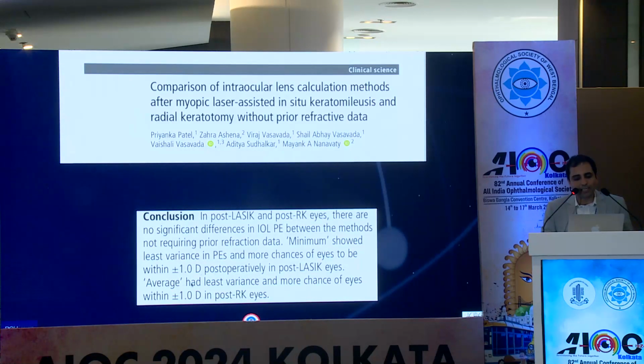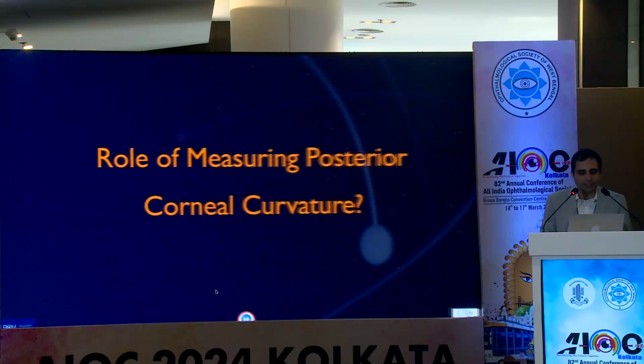Whereas in the post-RK eyes, when we chose the average of the ASCRS calculator, we had the maximum number of eyes within plus or minus 1 diopter. But like I said, RK is very much a case-to-case basis that we need to consider.